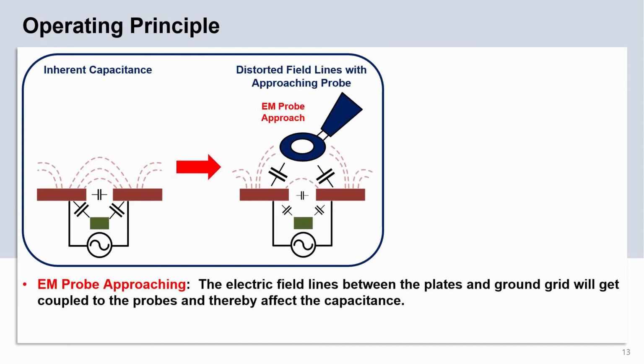If an EM probe approaches a pair of metal plates, some of the electric field lines between the plates and ground will get coupled to the probe, thereby affecting the interplate capacitance and hence the peak resonant frequency of the corresponding LC oscillator system. This resonant peak frequency of the LC oscillator can be tracked to detect the presence of an approaching probe.